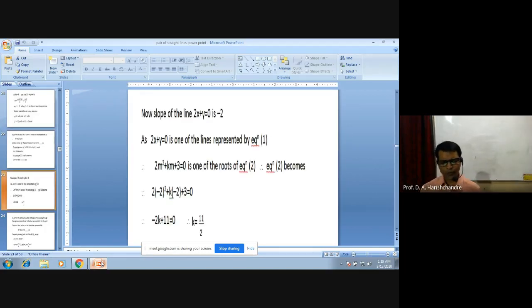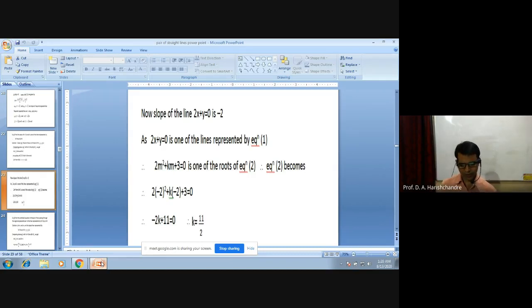Now the slope of the given line 2x plus y is equal to 0 will be minus 2, and as the line 2x plus y is equal to 0 is one of the lines represented by the homogeneous second degree equation given by equation 1, the slope of the line must satisfy equation 2, meaning that in equation 2, m can be replaced by minus 2.